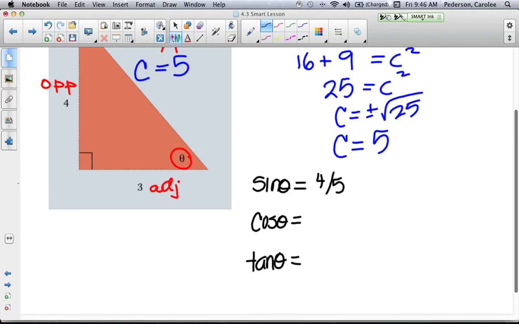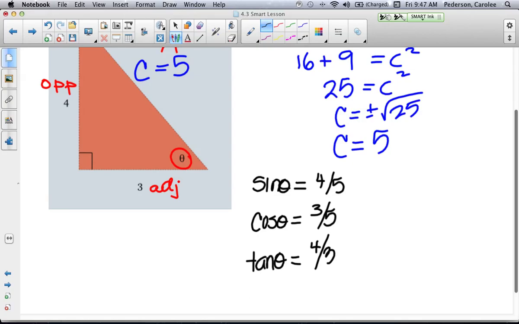Cosine is adjacent over hypotenuse. 3 over 5. And then tangent, we remember it by TOA, opposite over adjacent. Opposite is 4, adjacent is 3. Leave them as fractions.